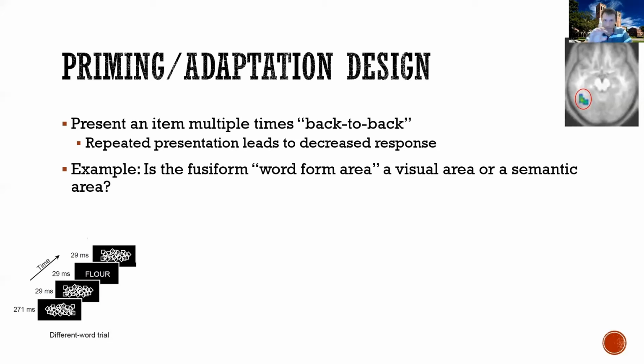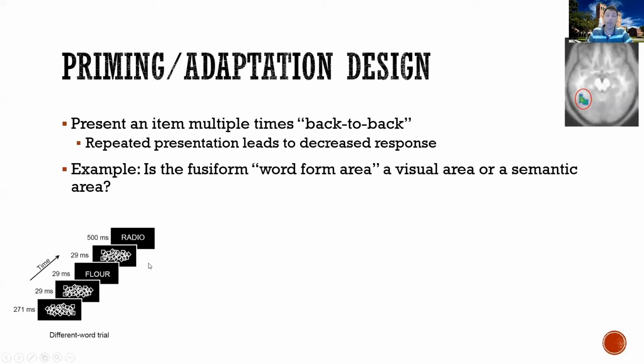And so you've seen a mask, you've seen some sort of jumbled lines, then I flash super quickly a word, and then I show a word for 500 milliseconds. And this last word, you can detect. And here's the manipulation. Sometimes, as you can see here, the two words are different.